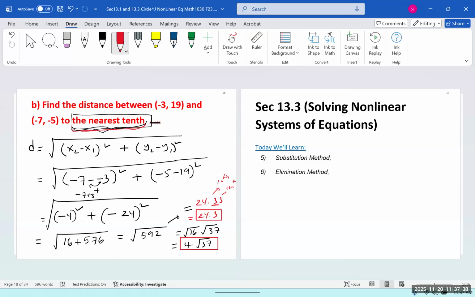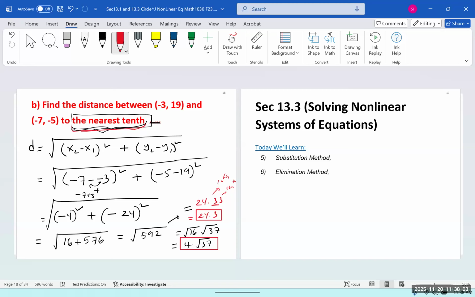Do you remember those rules from chapter 4? 4.1, 4.2, 4.3. Did you do this in class? Substitution method, elimination method. Oh, you remember from summer? Okay. Wow. They're skipping so many things.